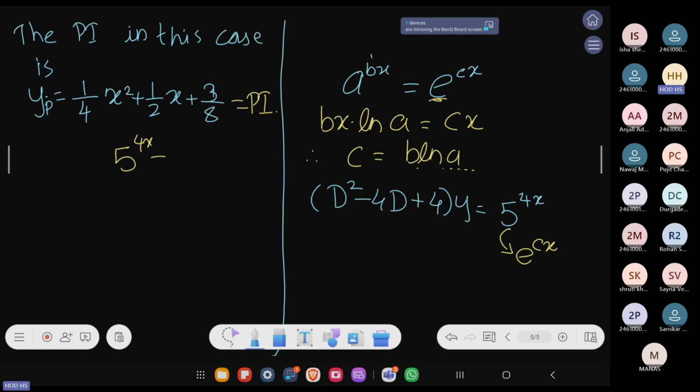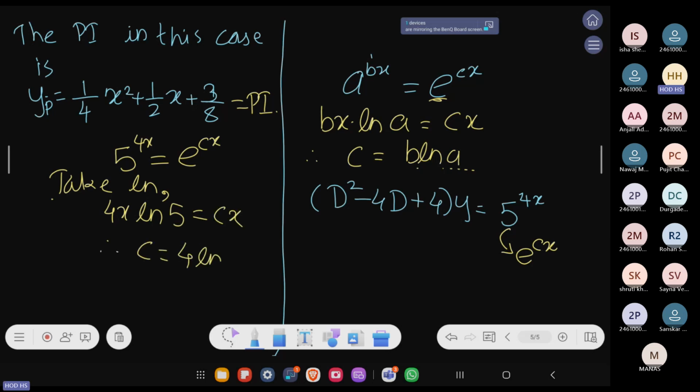So I want 5 to the power 4x to be e to the power some cx. Again, I will take the natural log. So you will have 4x ln 5 equals cx. So the value of c is 4 ln 5.